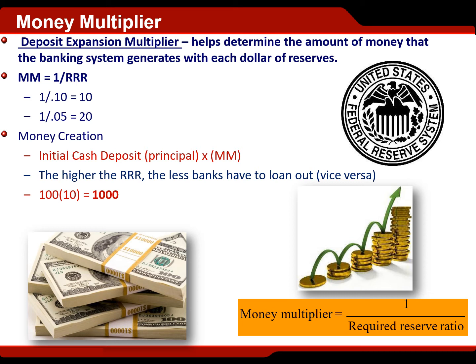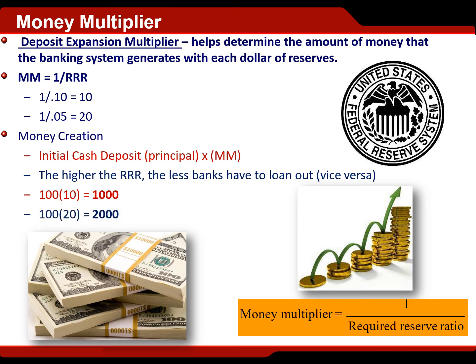So that means that as a result of that $100 cash deposit, the bank is going to be able to lend out $900, right? $900 is going to be lent out throughout the whole economy, plus the $100 initial deposit. You add those two together, that means the money supply grew by 1,000.